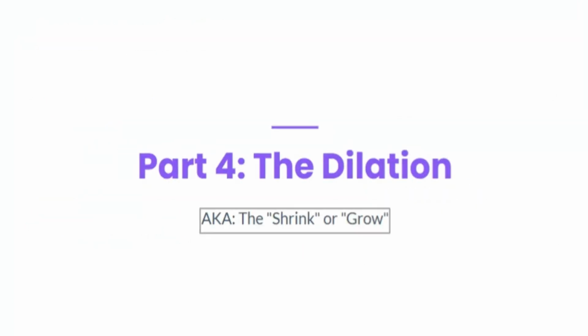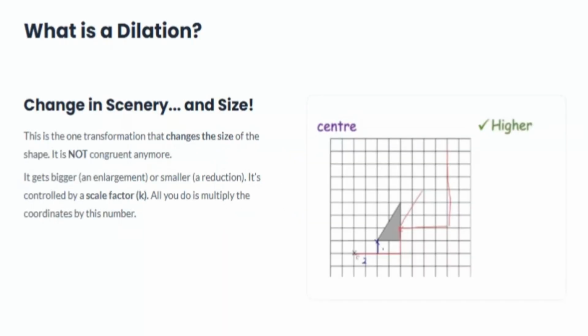Okay, so now let's talk about dilations. What is a dilation? It is a change in scenery and size. This is the one transformation that changes the size of the shape, and it's not congruent anymore. It gets bigger or smaller, and it's controlled by a scale factor. We talked a lot about this in a previous video that we made on dilations.